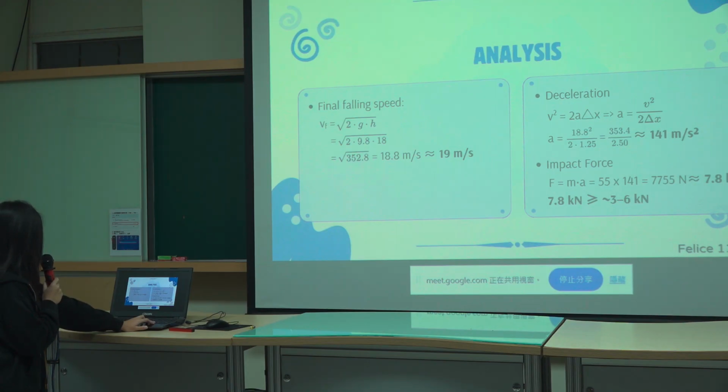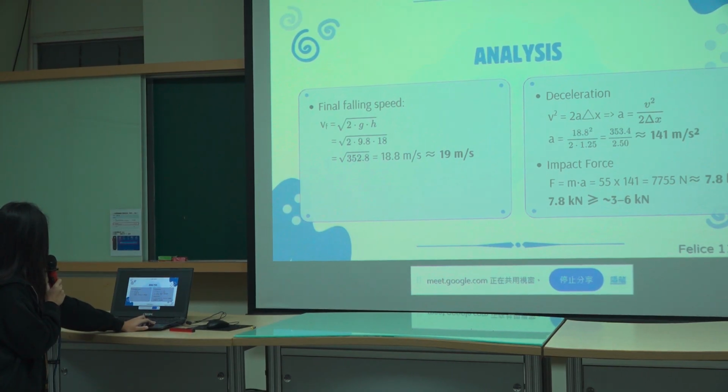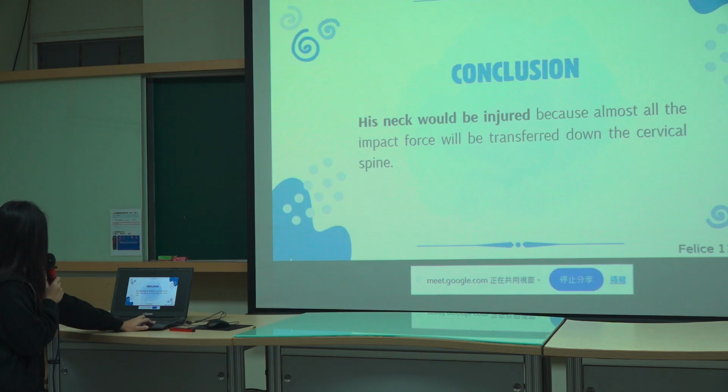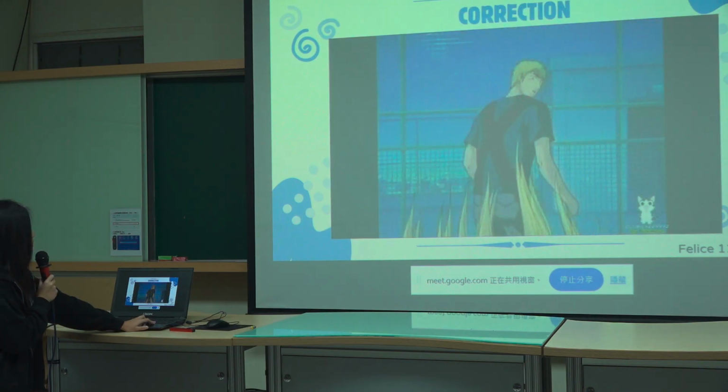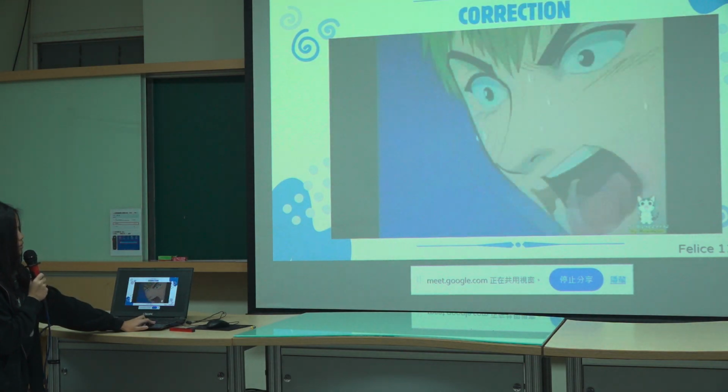Finally, for the impact force, we can use the formula F equals mass times acceleration, and the result will be about 7.8 kilonewton. This far exceeds the safe limits for the neck, which is about 3 to 6 kilonewton. So his neck will be injured because almost all the impact force will be transferred down the cervical spine. And this is what will happen in real life.